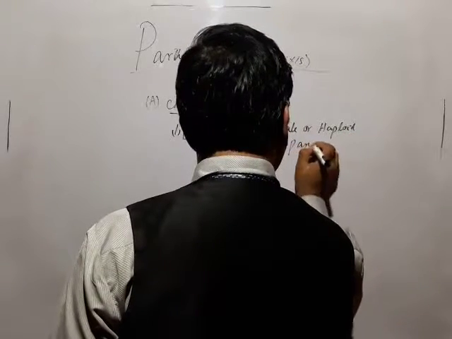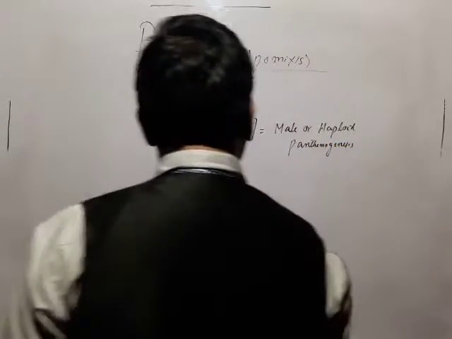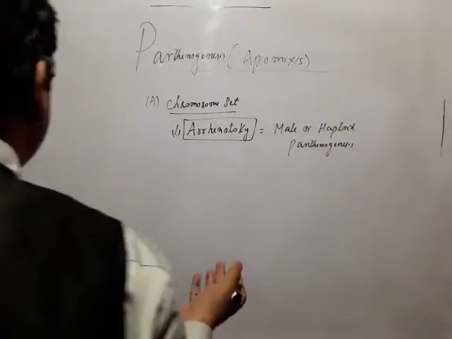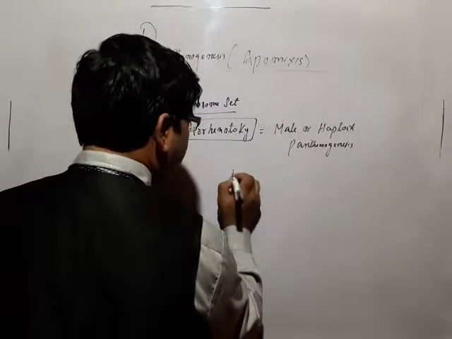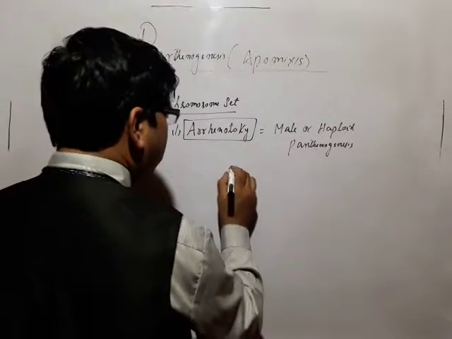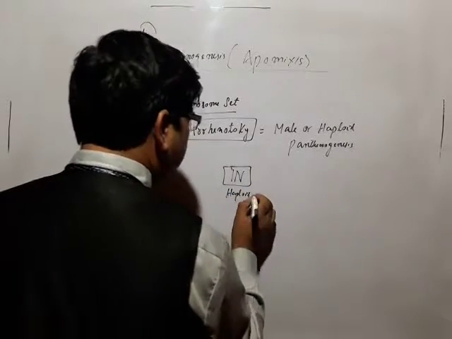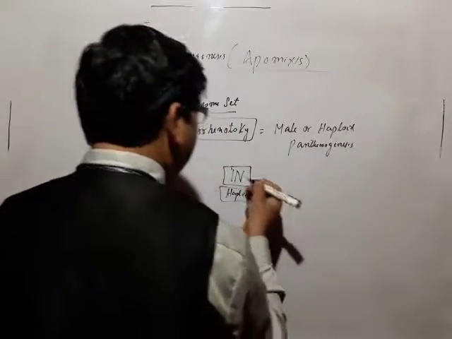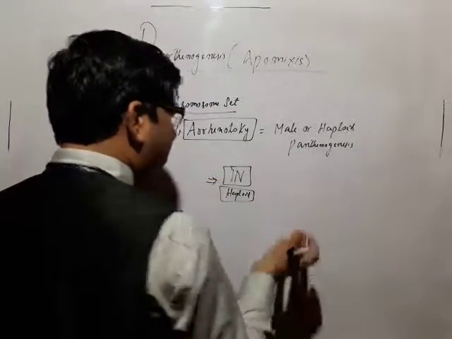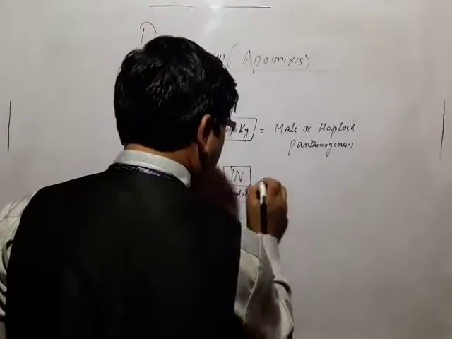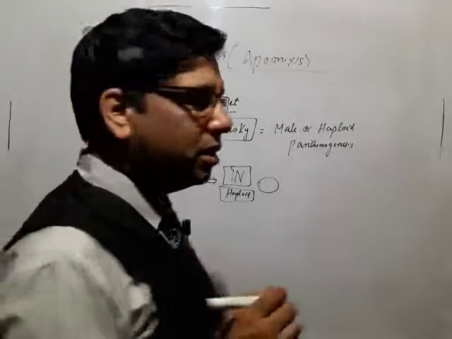Haploid parthenogenesis. What happens here is that the male cell, the sperm, is haploid, having a single set of chromosomes, that is 22 plus 1, 23.